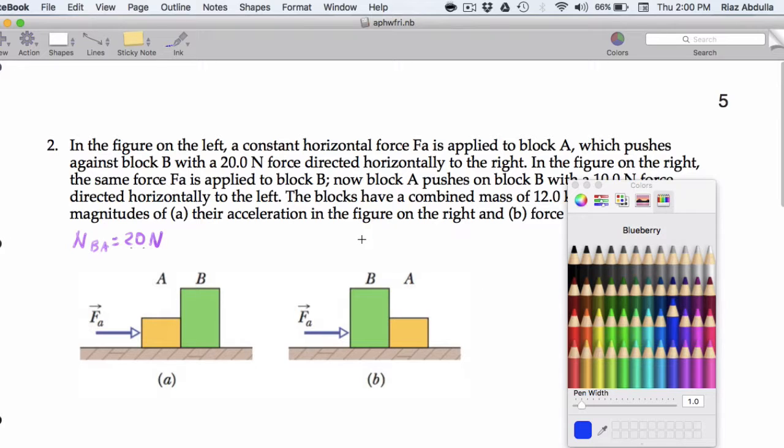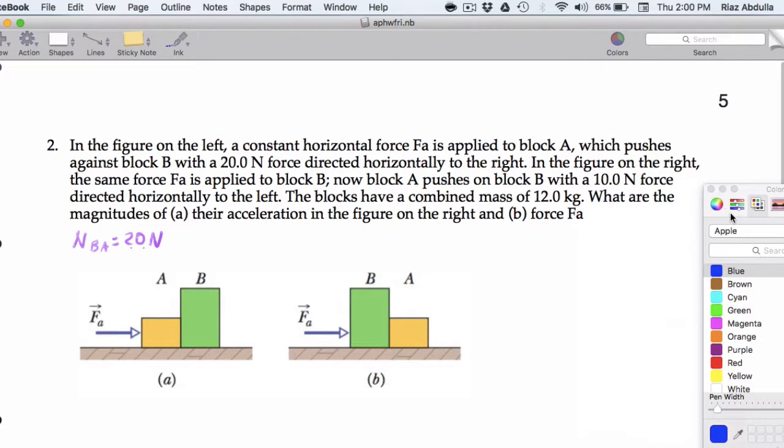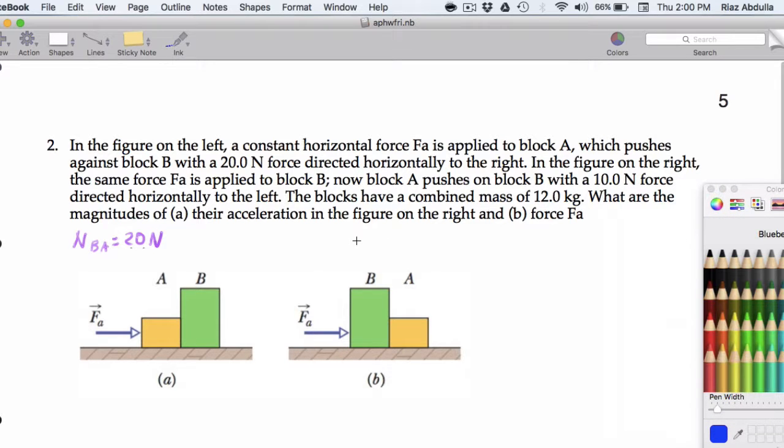And in the situation to the right, we're going to have a normal force on B due to A equal to 10 newtons. And of course, by Newton's third law, this automatically means that this is equal to NAB here and NAB here. By Newton's third law, we're only interested in magnitudes.